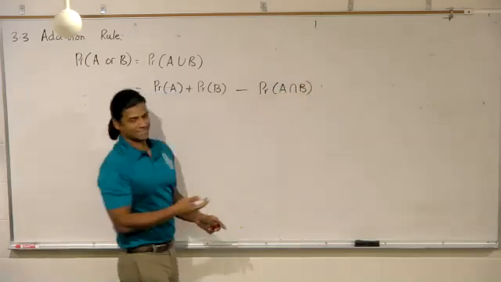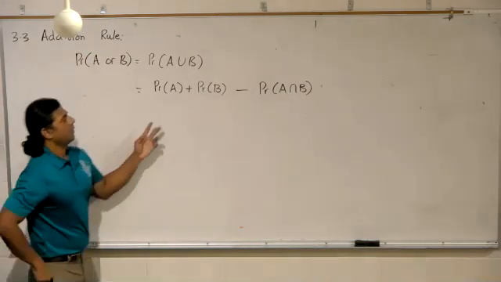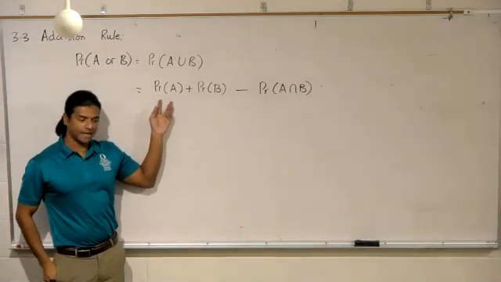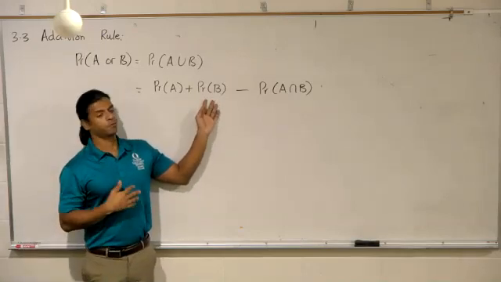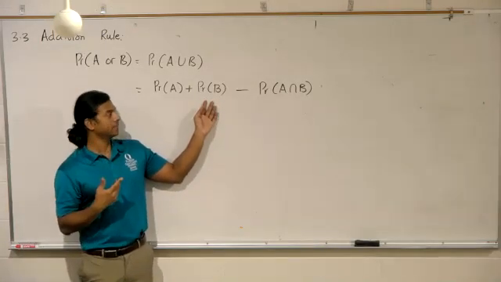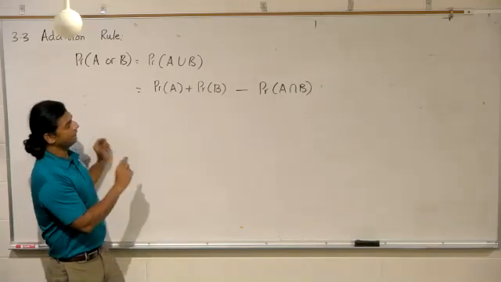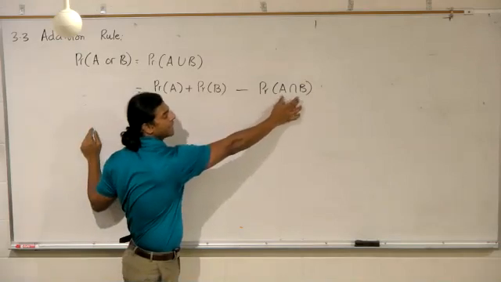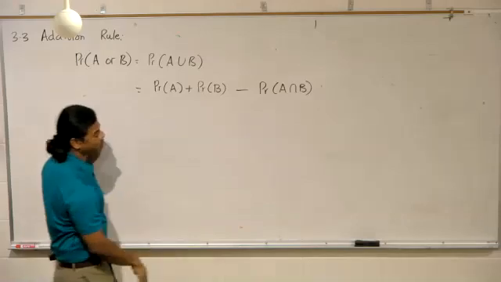But you've got to take that off. So why? When we compute the probability of A, we will count an event. And when we compute the probability of B, we'll count an event. So in total, we will double count the event, so we're going to take one of the two by subtracting.